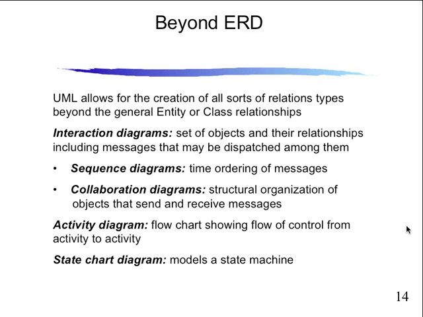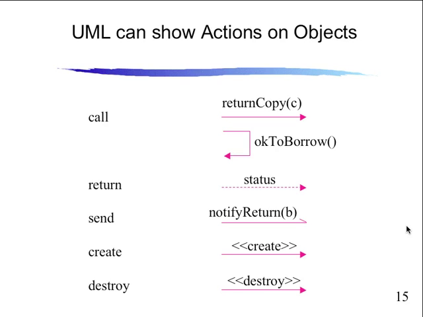In terms of the activity, we're looking at the flow of control from activity to activity. And then we have the state chart diagram that models state machines. So here we can show actions on objects, and these are the same symbols that are being used in all of the different types of these diagrams. So the call looks like a method call with a parameter in there.